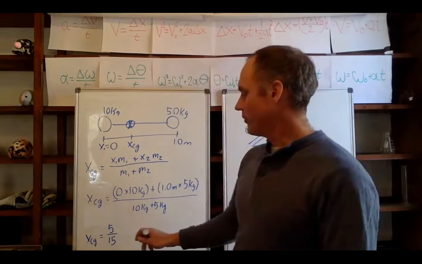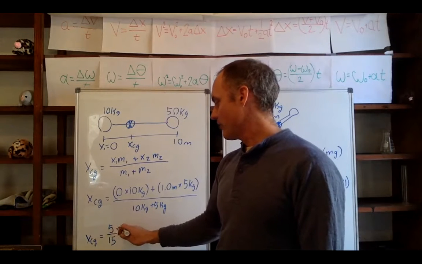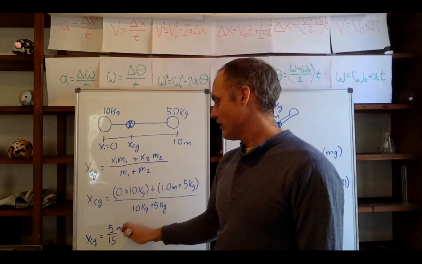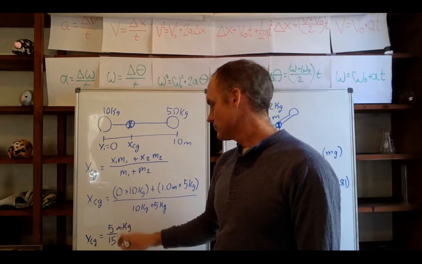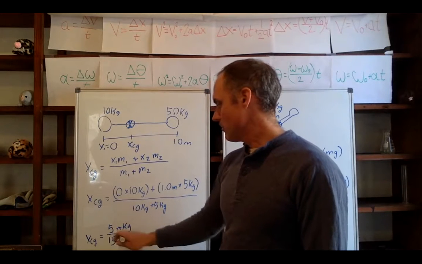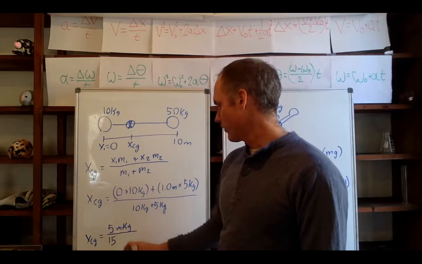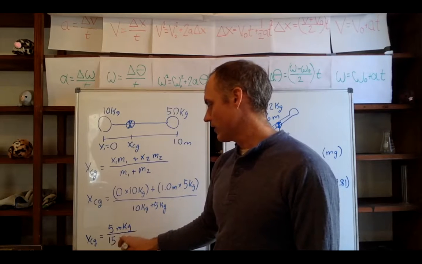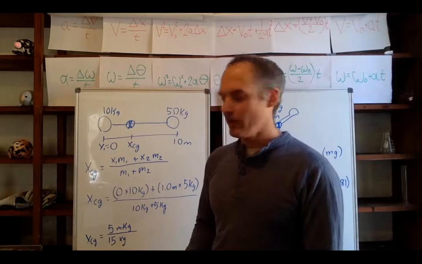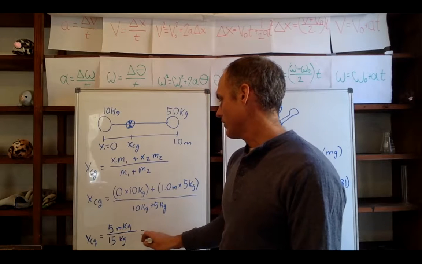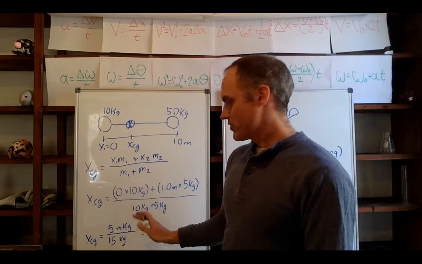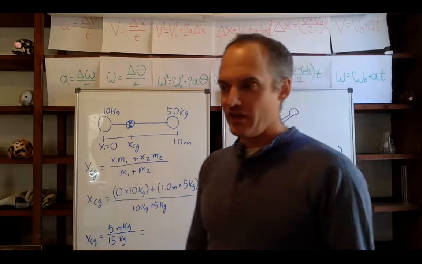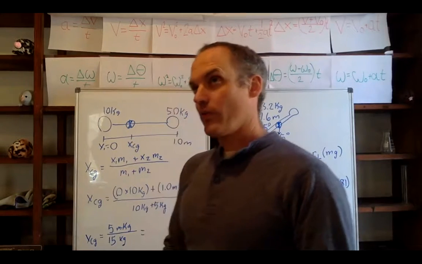The units are weird though, because on top it's actually kilogram meters or meter kilograms, but the kilograms are going to cancel out because the denominator is just kilograms. So 5 divided by 15 gives us, that's a third, right?